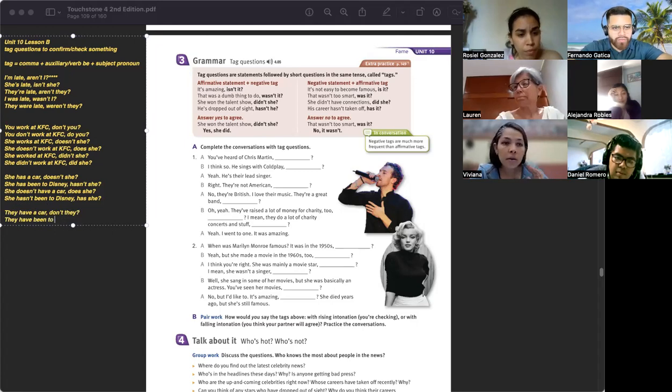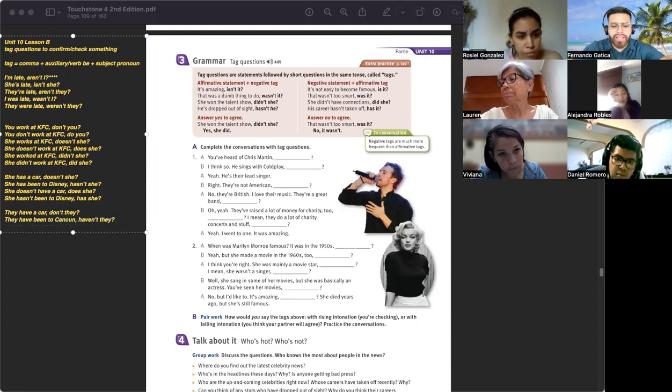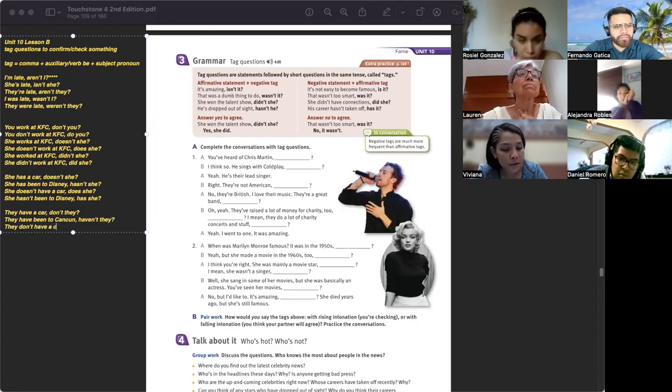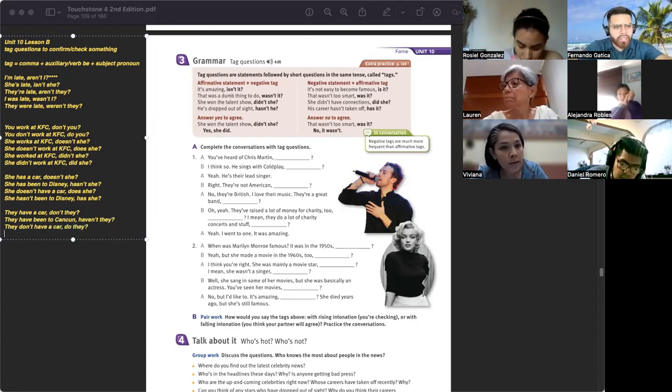They have been to Cancun, haven't they? The same thing in the negative form. They don't have a car, do they? They haven't been to Disney, have they?